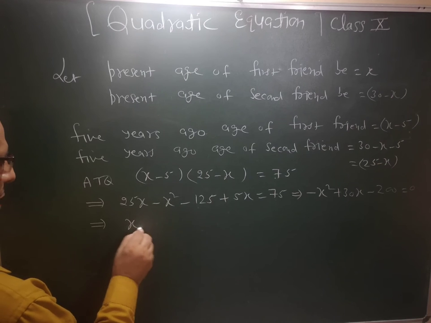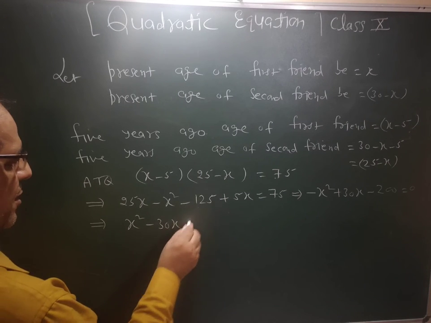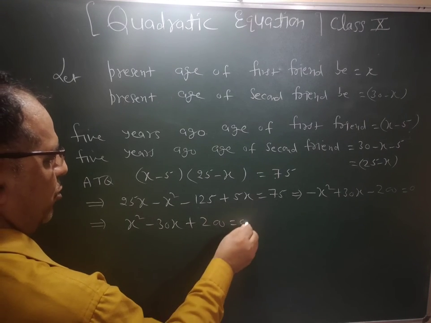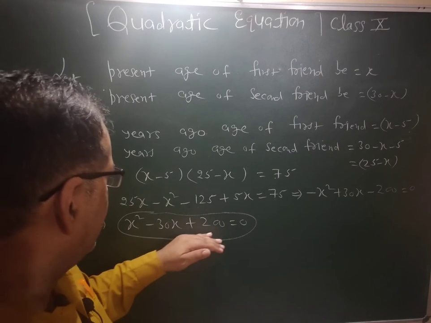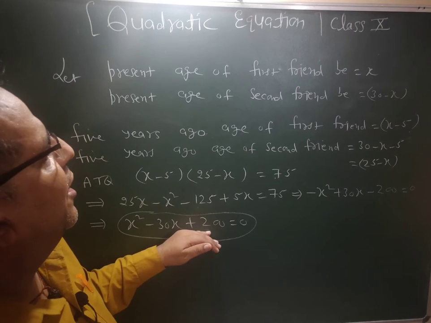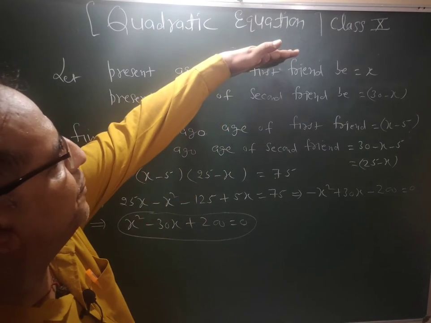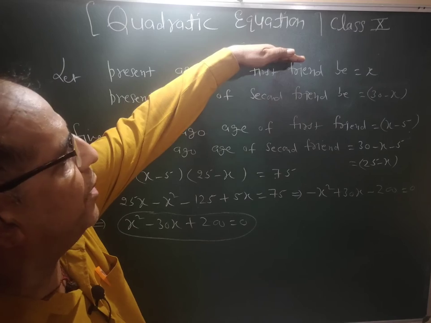Arranging again, we have x square minus 30x plus 200 equal to 0. This is the quadratic equation. After solving this, we have the value of x, and using this x we can find the present age of both the friends.